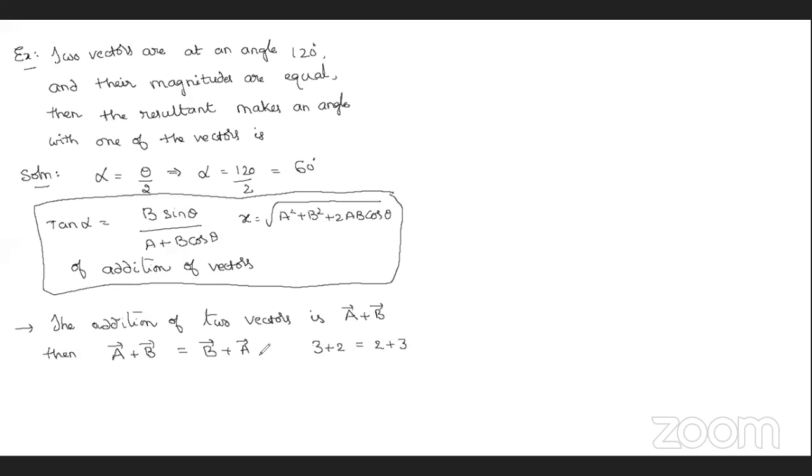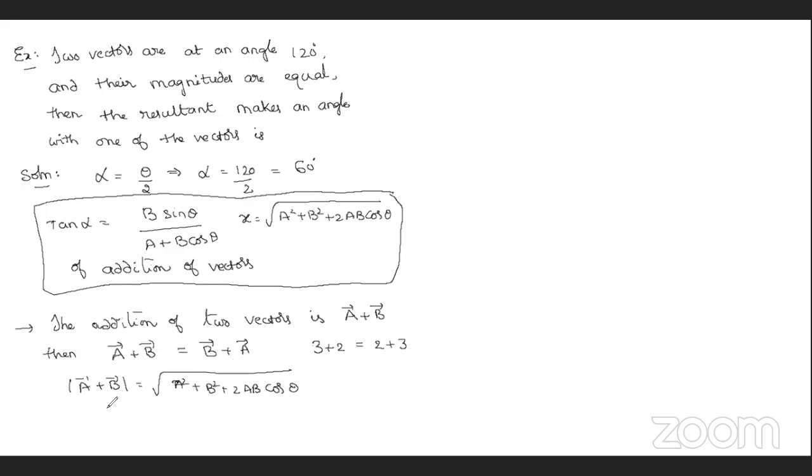Sir, I kept the numbers in place of A and B. But here the problem is, I accept A bar plus B bar. If they ask the magnitude, the formula is already on the board. So I say the magnitude of A bar plus B bar is root of A square plus B square plus 2AB cos theta.